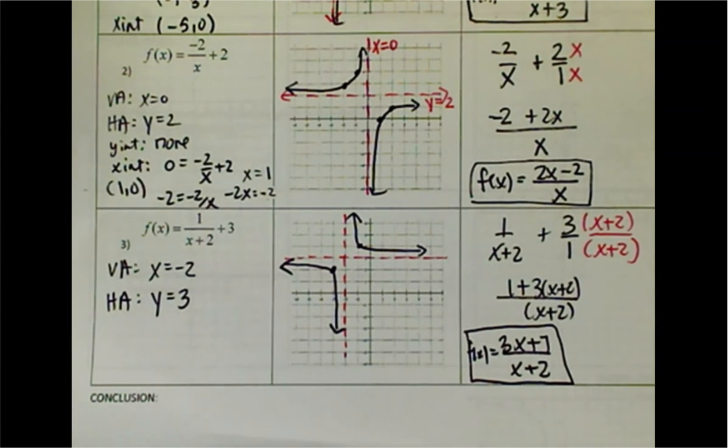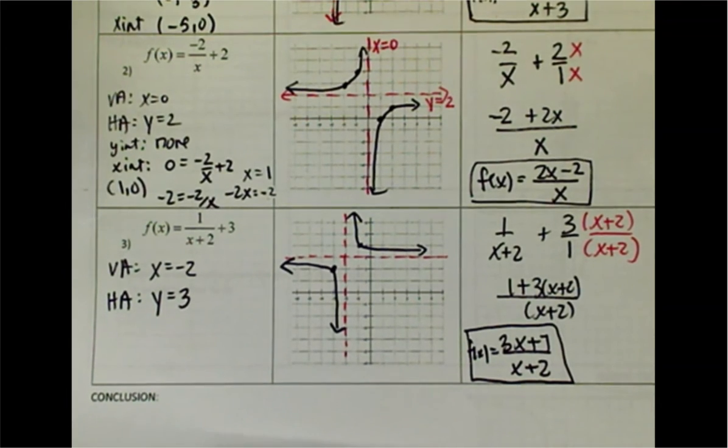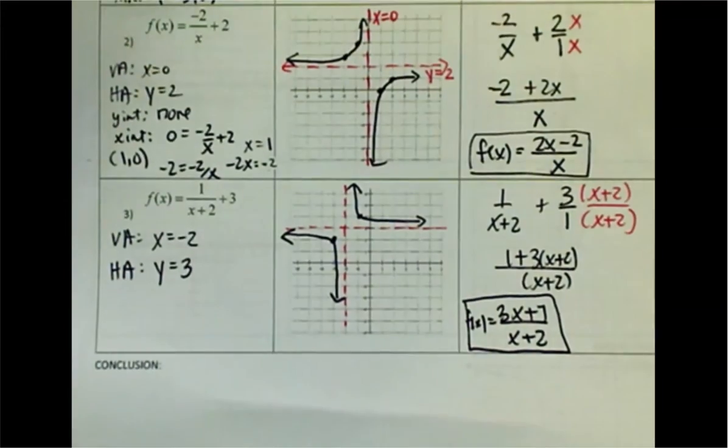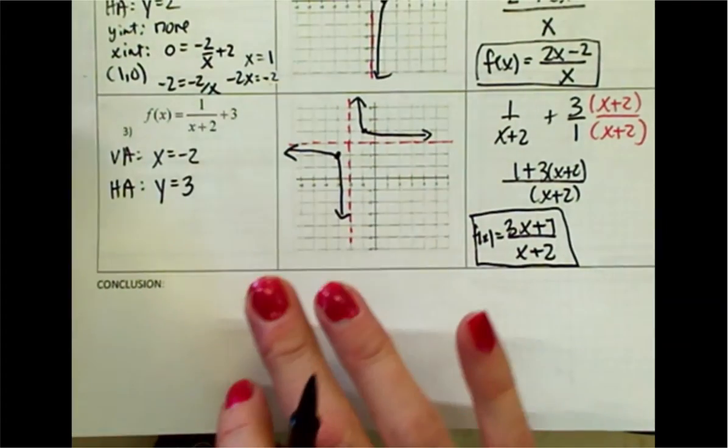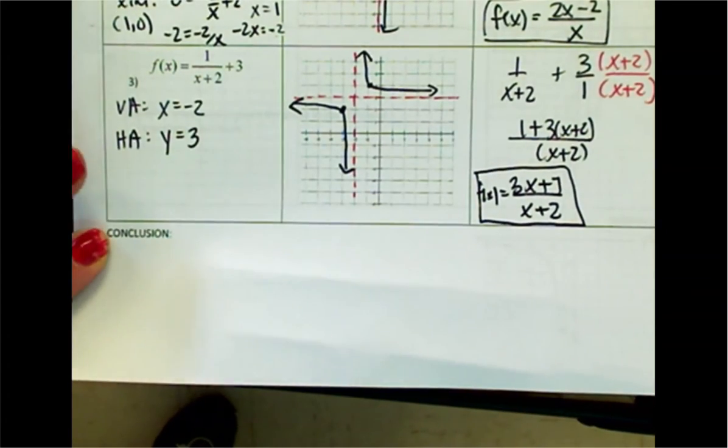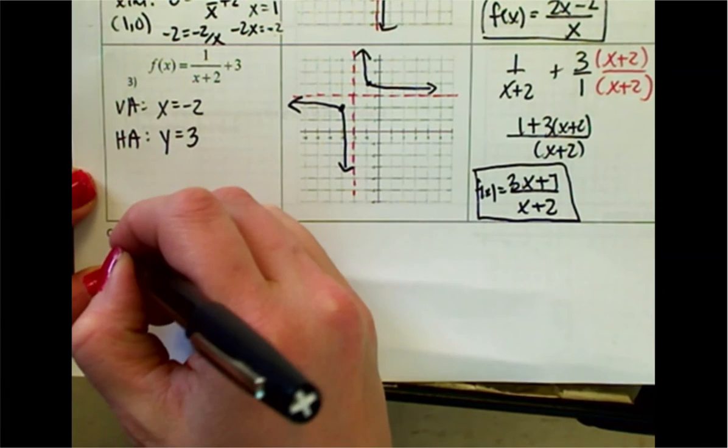Here's your question. We have 5 minutes to answer it. Okay, we're not going to do the last page in your notes, but I do need you to answer this question. You have a conclusion here. You're going to have to do a little guess and check and see what connections you can make.